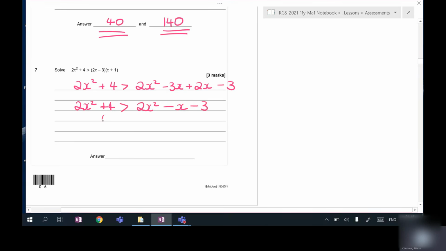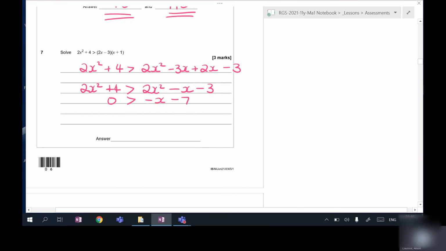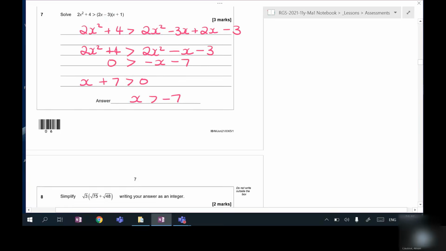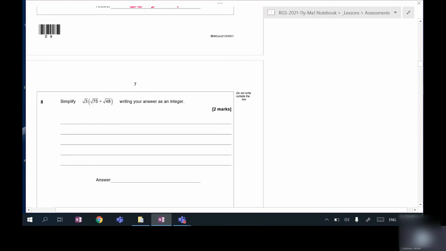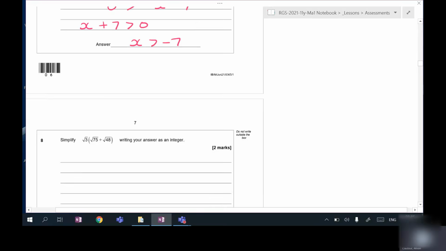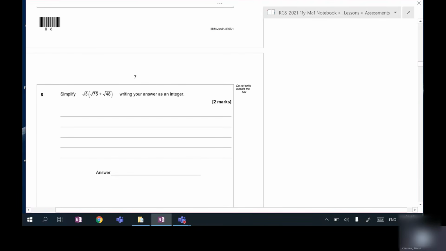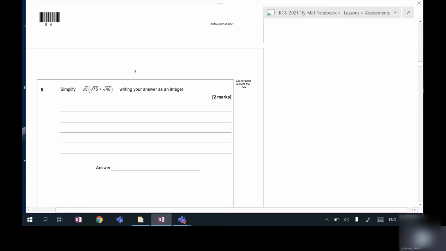So if I move it all over to one side, 2x squared take away 2x squared disappears. So what, minus x minus 7. Not really feeling the negatives, so I'm going to make my life easier and move those both up to the other side. And then that leaves me with x is bigger than minus 7. Okay, so that could be a question that you had at GCSE, it's no different. There's another question you could have at GCSE, no difference.